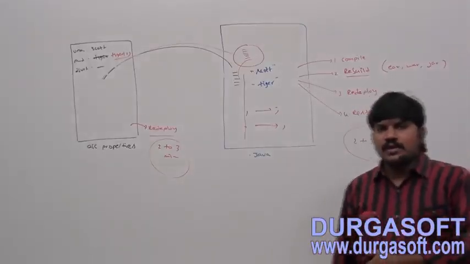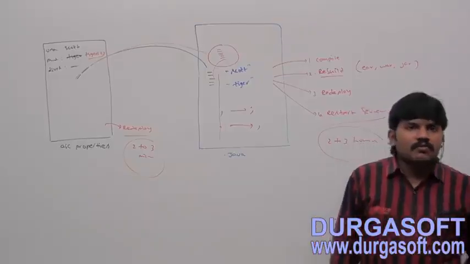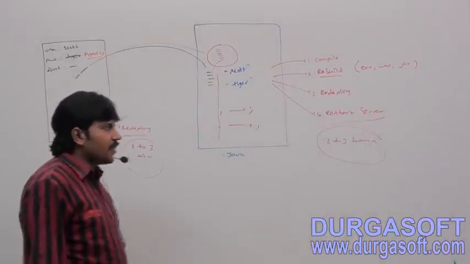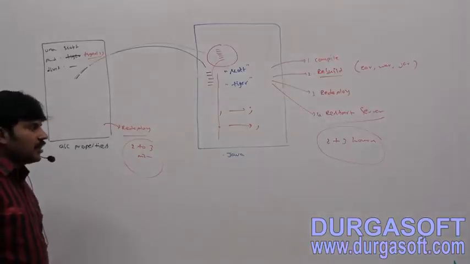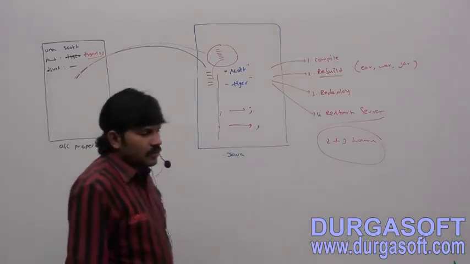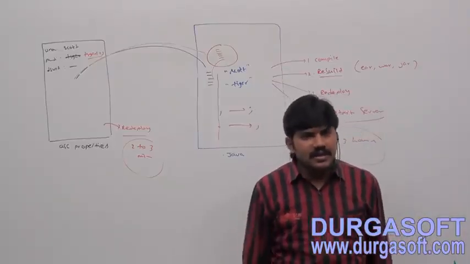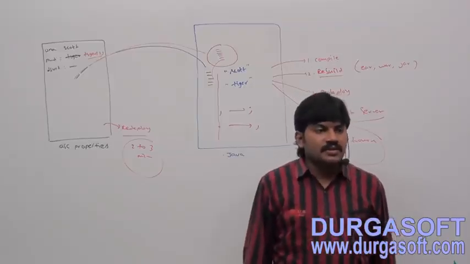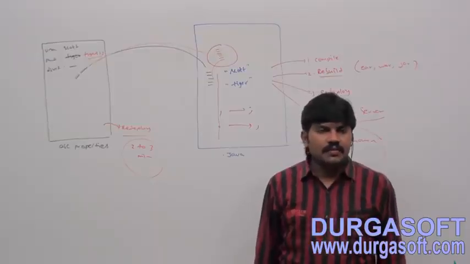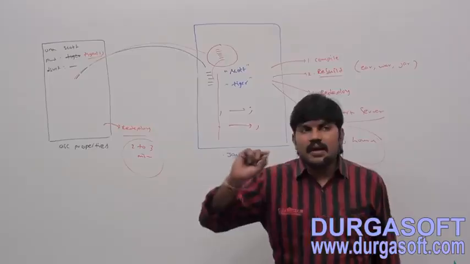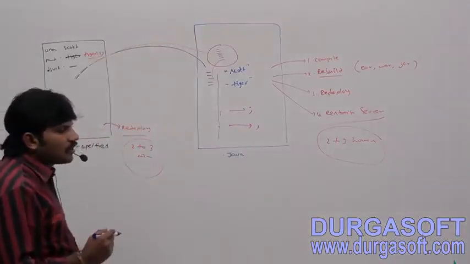In our program, if anything which changes frequently, within brackets, like username, password, mail IDs, mobile number, etc., bracket close, is not recommended to hard code.